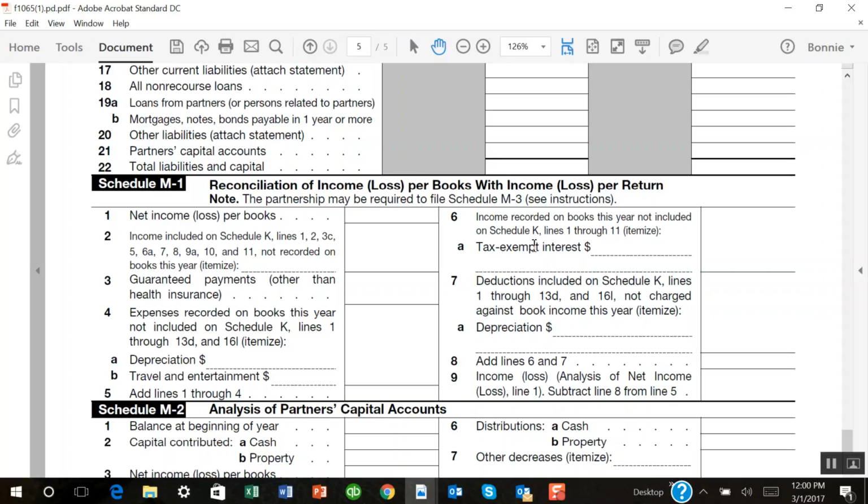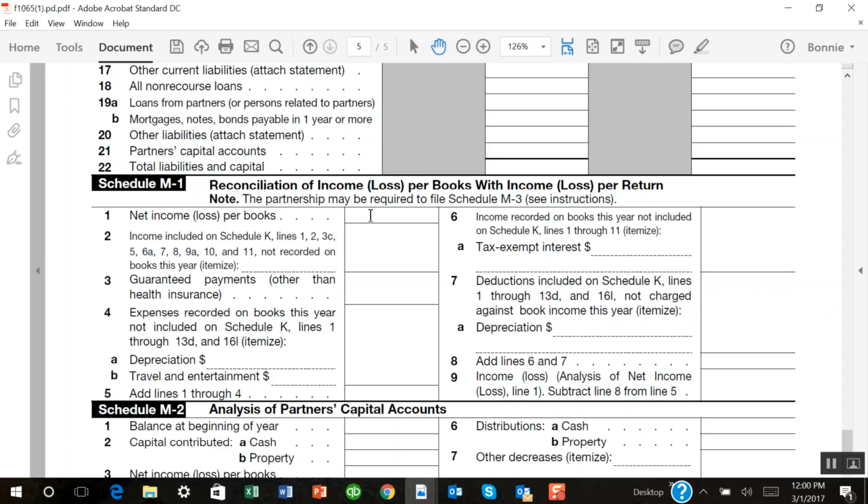So you might have some tax-exempt interest income, which means that it's interest income that's recorded on the partnership's books, but it's not included on the return. In other words, it's not taxable interest income. So what you're trying to do here is reconcile the difference between everything that's on the books and everything that's on this return.